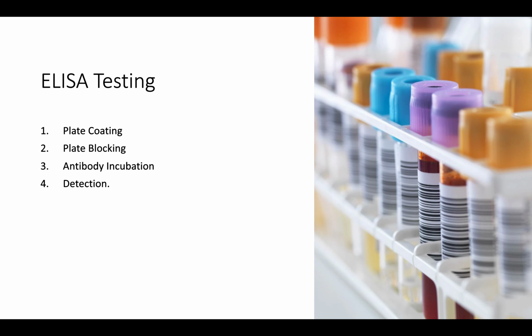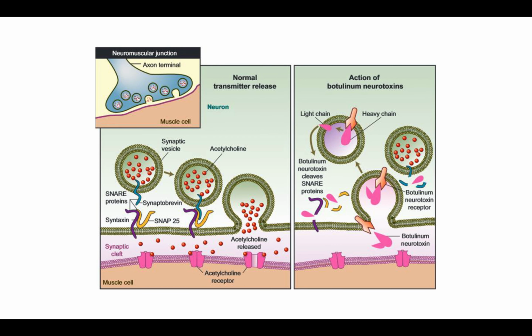But in the case of the antigen-antibody reaction, that's going to be the SNARE protein complex, or even the complexes that make up the SNARE protein complex: the SNAP25, the syntaxin, the synaptobrevin.